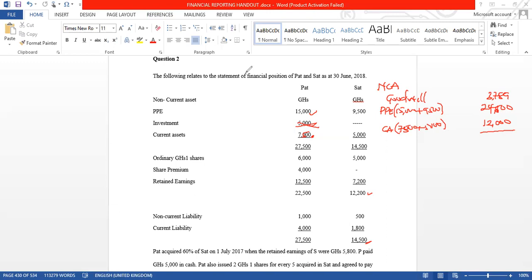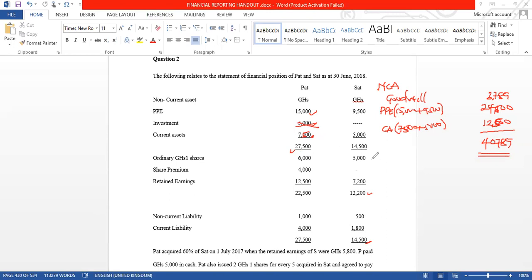So here will be 12,500. All right, so that is that. So 12,500, because this thing doesn't balance. So that one will give me 4789. That one should be our balancing figure we are looking for.